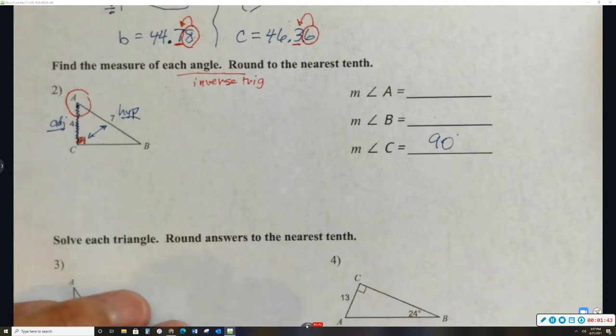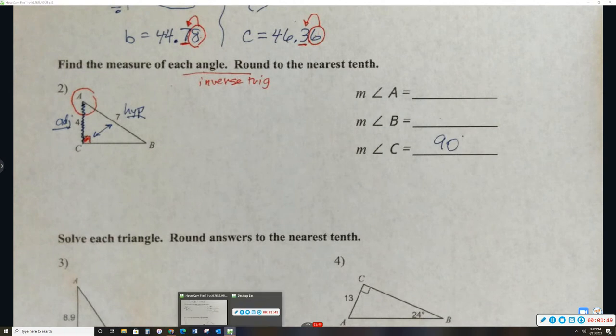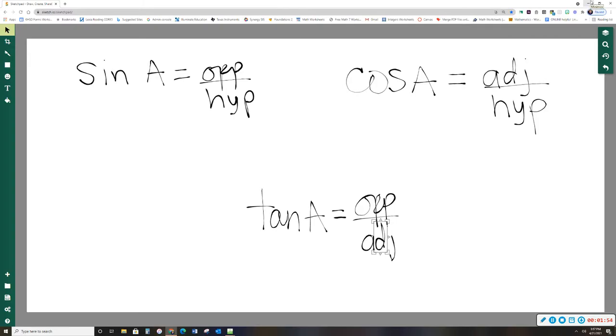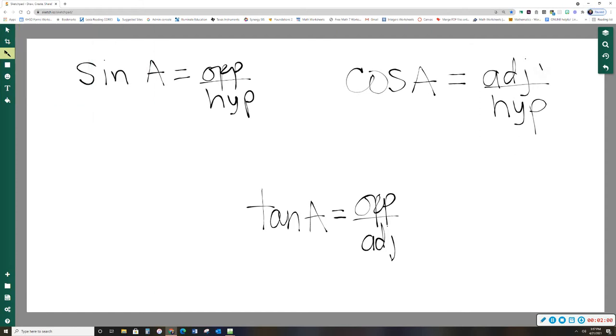And then you got to ask yourself, again, which trig ratio uses adjacent and hypotenuse? Here's the adjacent and the hypotenuse ratio. Well, that's cosine.